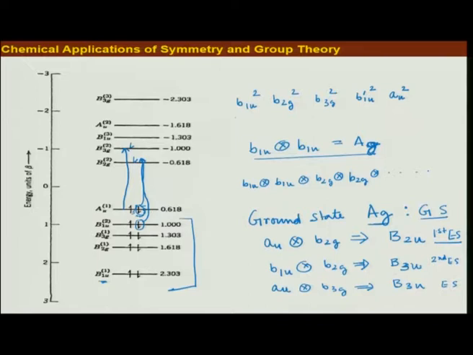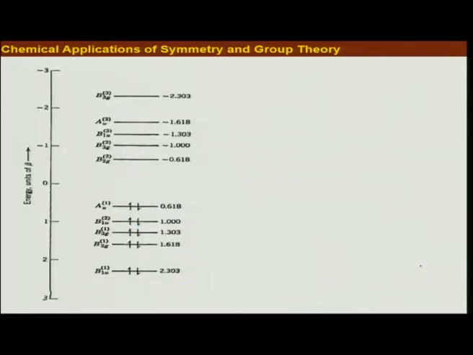So in the next step, you have to solve this problem: you have the excited state having symmetry B2U, and you have to take a direct product with the Cartesian coordinate system.